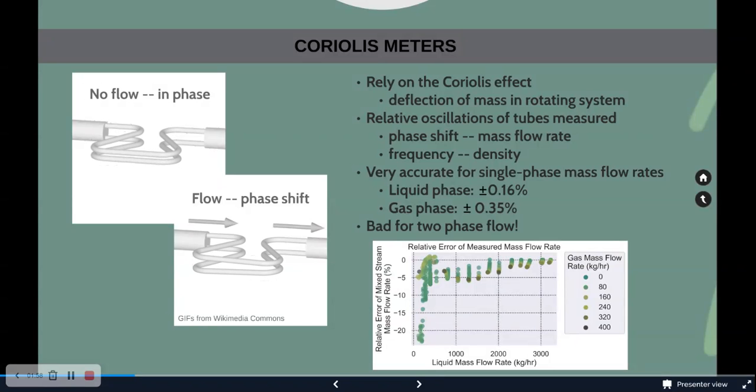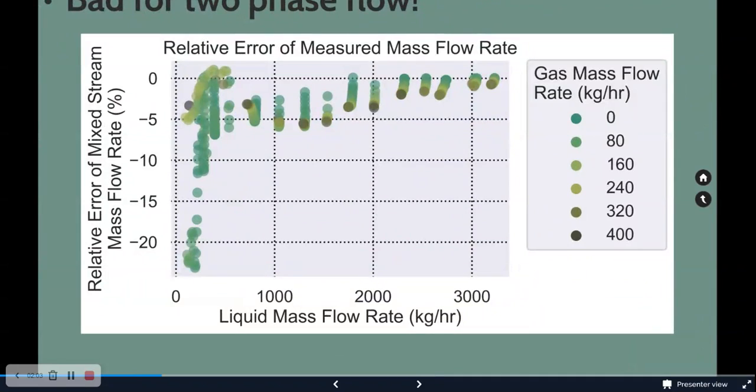In general, they're quite accurate for single-phase mass flow rates, but quite a bit worse for a mixed gas and liquid stream. So this is from data from my data set.